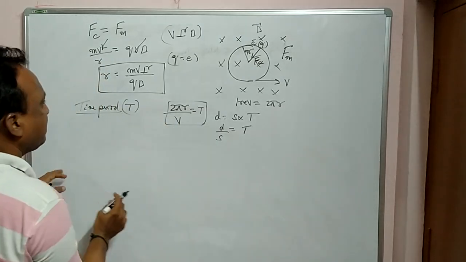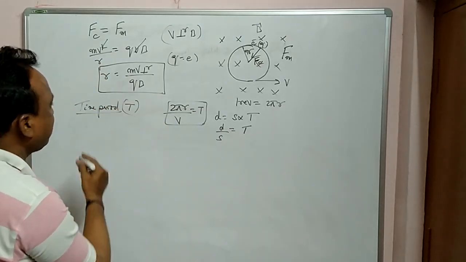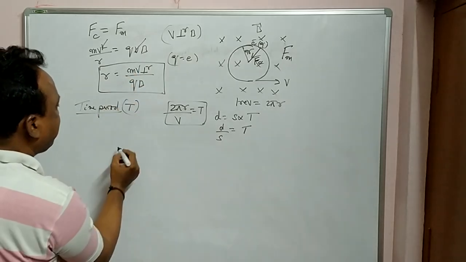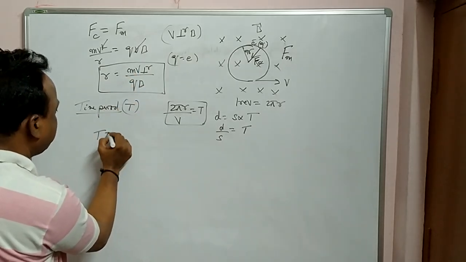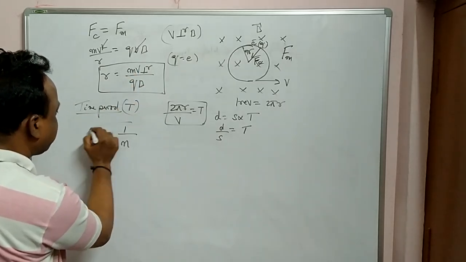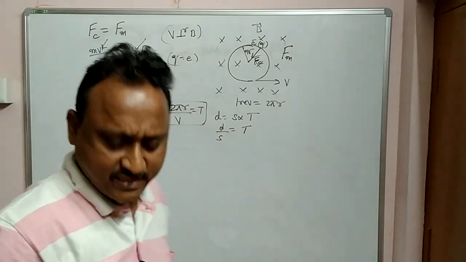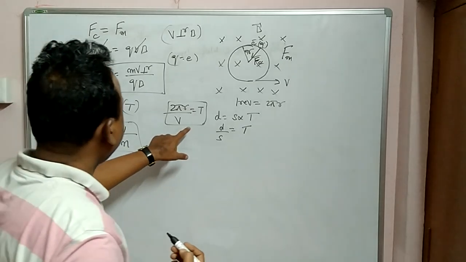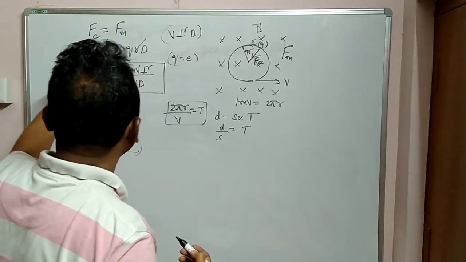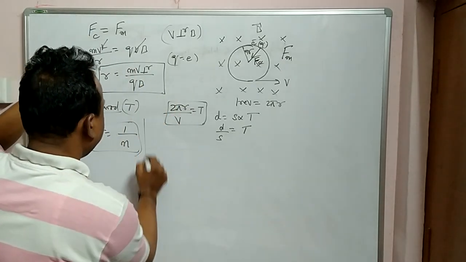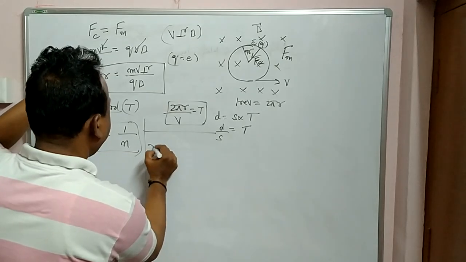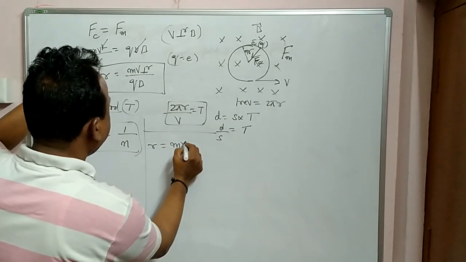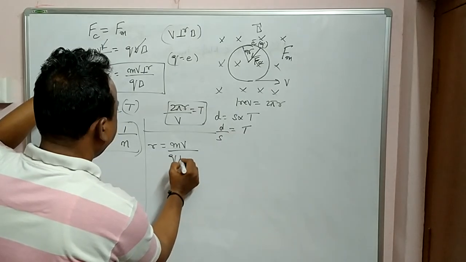Now let us substitute this value and interpret it. We know that the time period is also called 1 by frequency. 1 by frequency is equal to time period. Now I'll put this value over here and see what happens in the radius. The radius is equal to mv by qB.